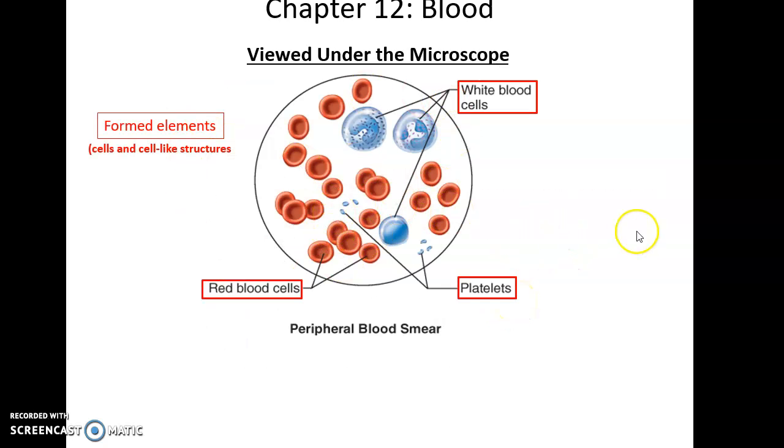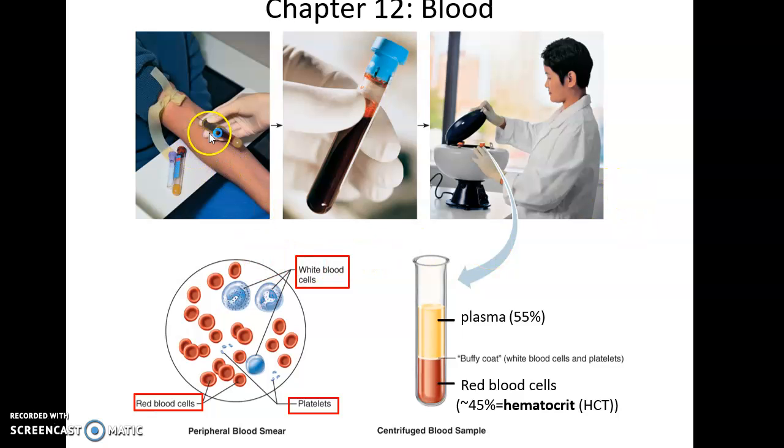Here is a cartoon view of blood under a microscope where you see red blood cells, platelets, and white blood cells. They are referred to as formed elements because technically red blood cells and platelets aren't officially cells. So when you take blood, you can put it in a centrifuge, spin it really, really fast, and the contents of the blood will separate so that you have the red blood cells toward the bottom, a thin little white layer called the buffy coat, and then the plasma, the fluid portion.